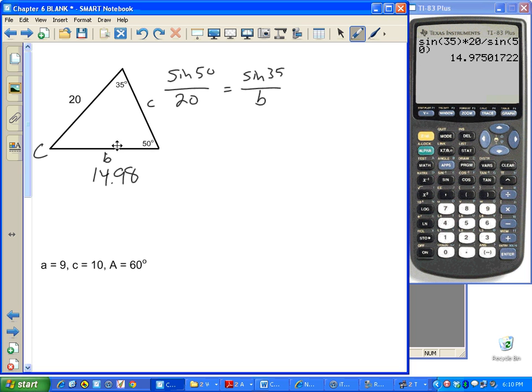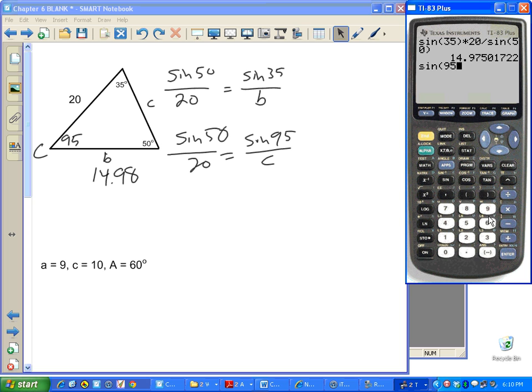If this is 35 and that's 50, C is going to be whatever it takes to add up to 180. This is 85, so this is going to be 95. That means I can use the same ratio: sine 50 over 20 equals sine 95 over C. So I do sine 95 times 20 divided by sine 50.